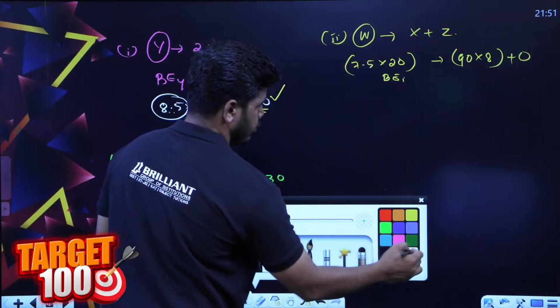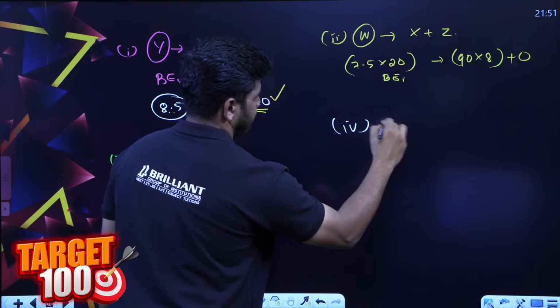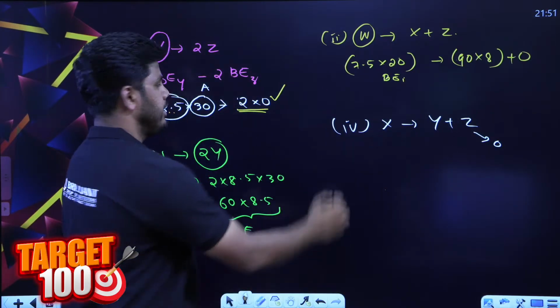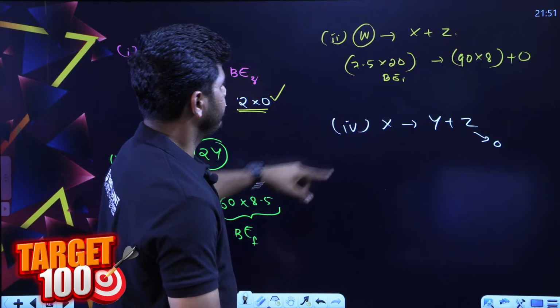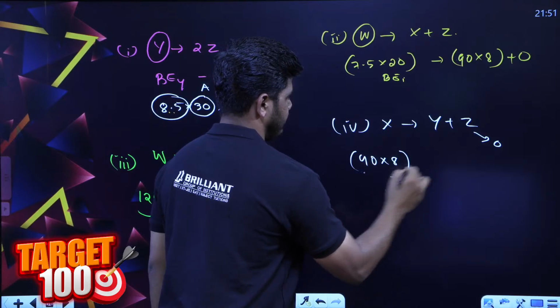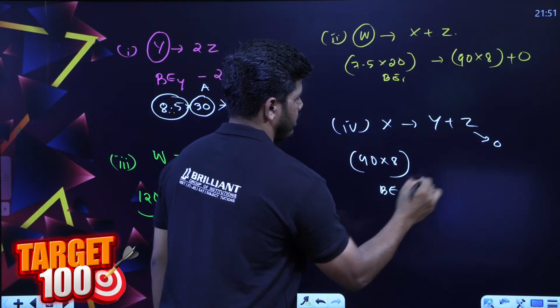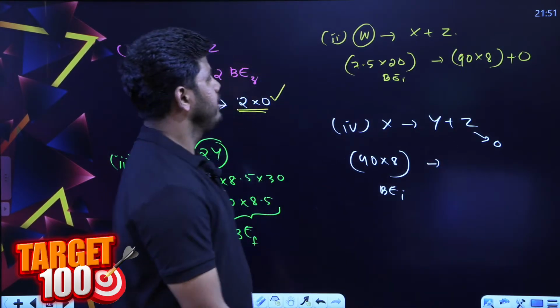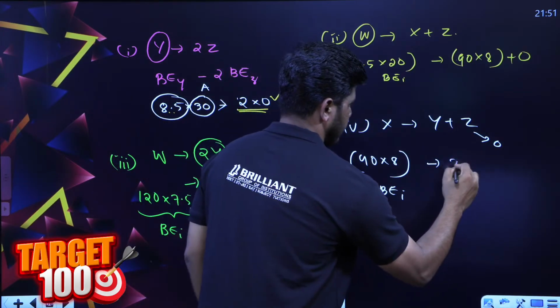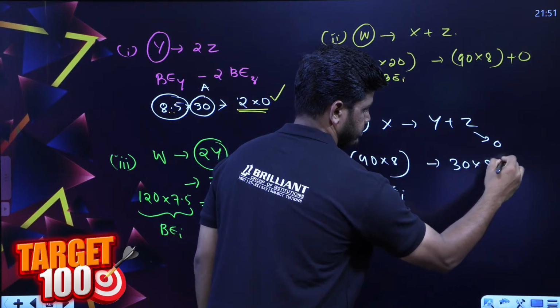X splits into Y and Z. We know Z, nothing to contribute. X we already calculated somewhere here. It was 90 into 8, right? That is binding energy initial, and binding energy final is Y plus Z, and Y is 30 into 8.5.